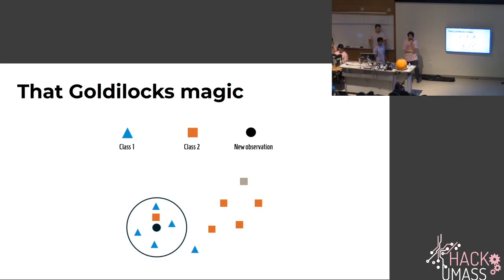The problem with what you just said, where you take the average of the distance of all of the triangles with your point and all of the squares with your point, is that you could have some large region of triangles very far away and some large region of squares very far away. Then the distribution in that far off corner will tell you what the class is.